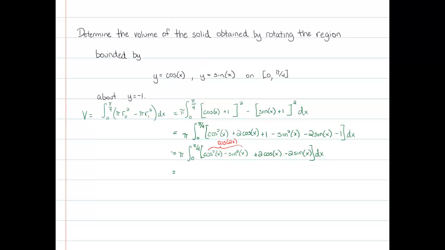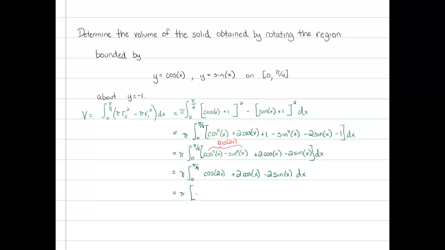And so let's go ahead and write this out. That's pi integral 0 to pi over 4 of cosine of 2x plus 2 cosine of x minus 2 sine of x, and so on. And the antiderivatives here, pi.